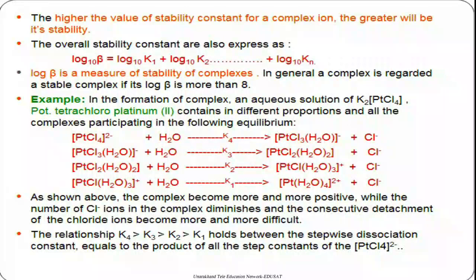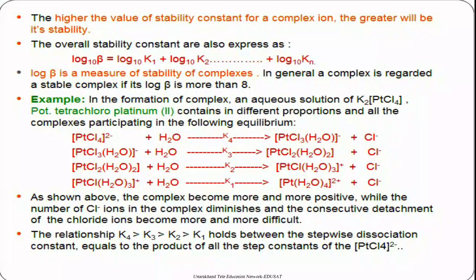As shown above, the complex becomes more and more positive, while the number of chloride ions in the complex diminishes and the consecutive detachment of the chloride ions becomes more and more difficult. Therefore, the relationship between these is K4, K3, K2 and K1.